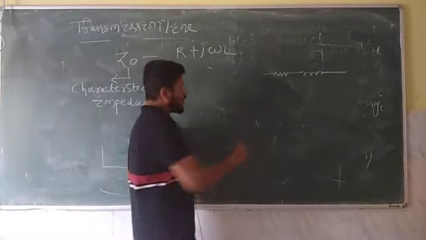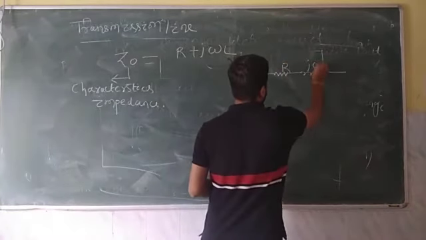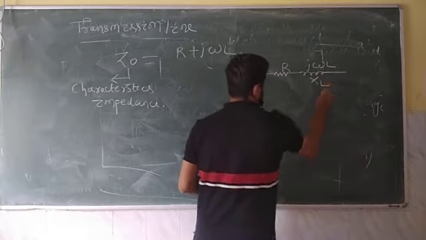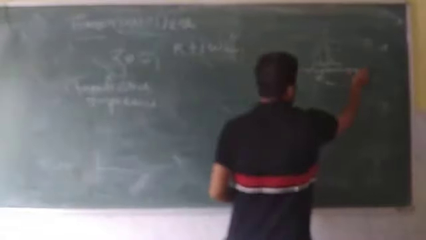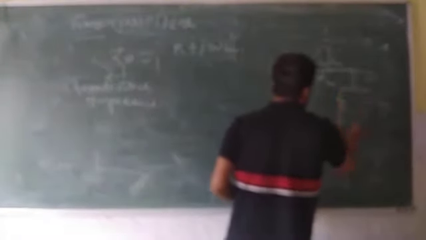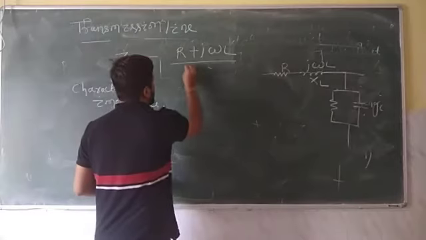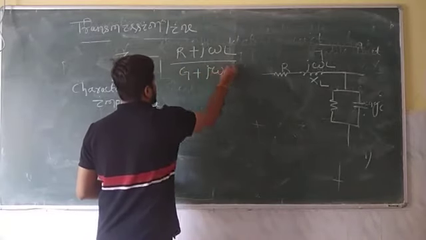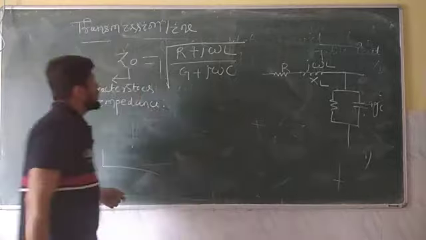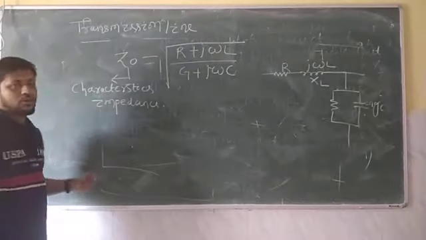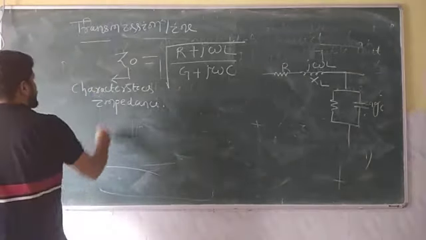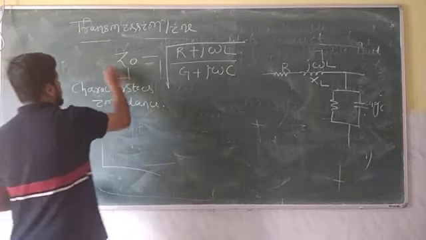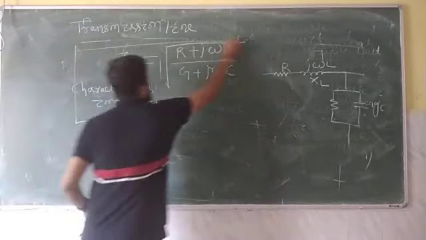This is your R and this is your j omega L, which is nothing but your XL. So R plus XL, and this parallel branch is going to be represented as G plus j omega C. So Z0 is equal to root over (R plus j omega L) divided by (G plus j omega C). This is also one of your secondary constants.